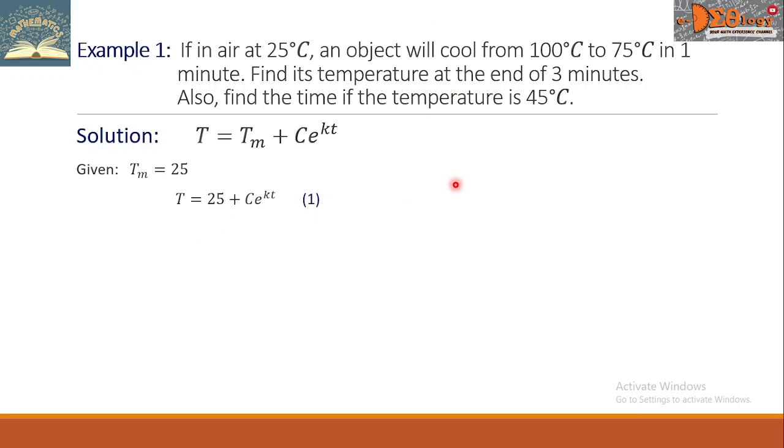If we analyze our problem, there is a given that says when t equals 0, capital T equals 100 degrees Celsius, so we write here 100. Also, when t equals 1, capital T is 75 degrees Celsius, so we write here 75.